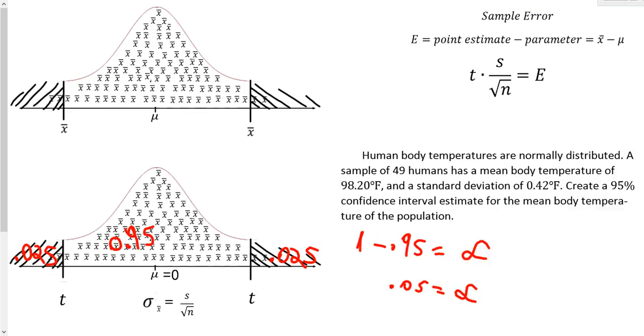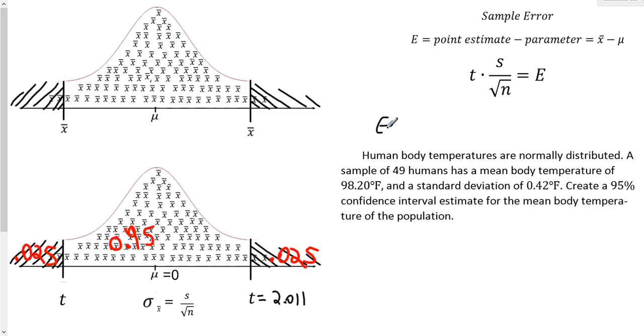So back to this, let's see. I just found out that the t score that I need is 2.011. So I'm going to plug that in to the formula to calculate the margin of error.